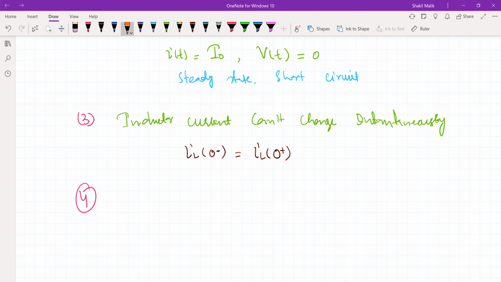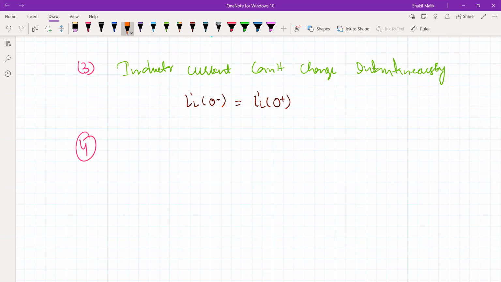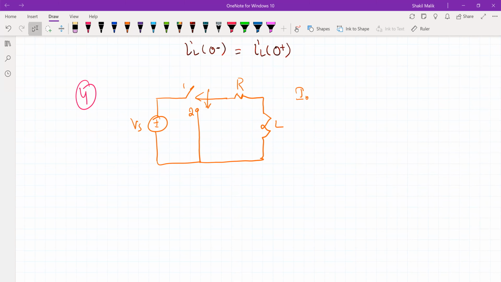In other words, when we remove this supply here and connect this RL circuit like this, if we change the position of the switch from 1 to 2, and the inductor was initially charged to current I naught when this was in position 1, then the inductor loses its energy and the current decays exponentially.